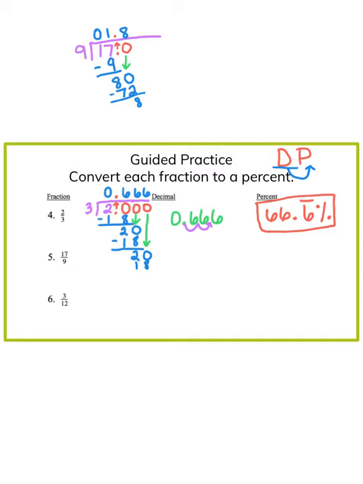So again, I need to add a 0 to my dividend and bring it down. Nine can go into 80 8 times, and 9 times 8 is 72. When I subtract 72 from 80, I get a remainder of 8. I'm noticing a pattern here. So I'm going to add one more 0 and bring it down.